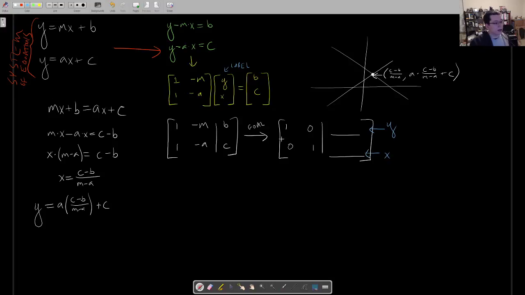Now, to do that, there are a specific set of rules that we have to follow. We can swap these rows if we want to, back and forth.